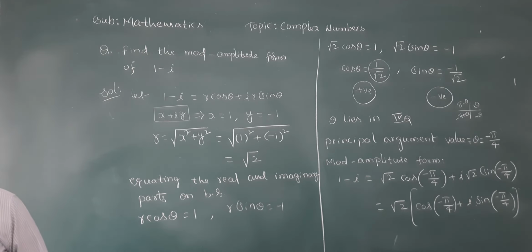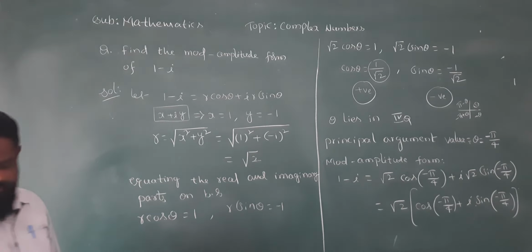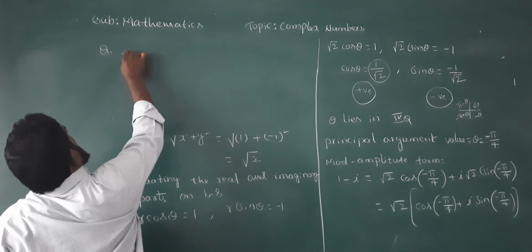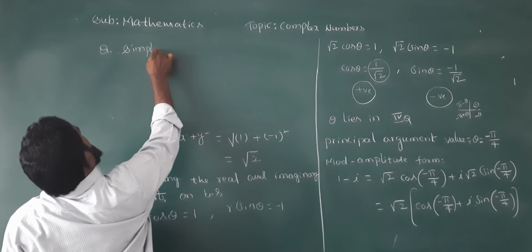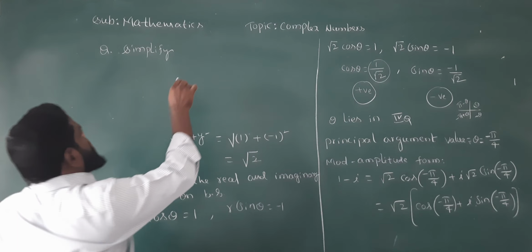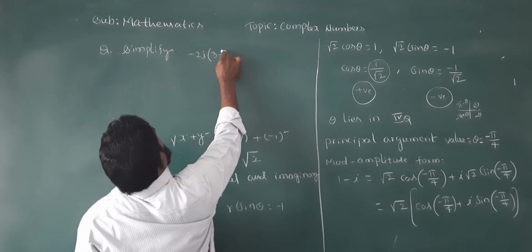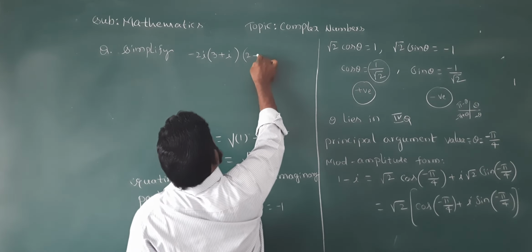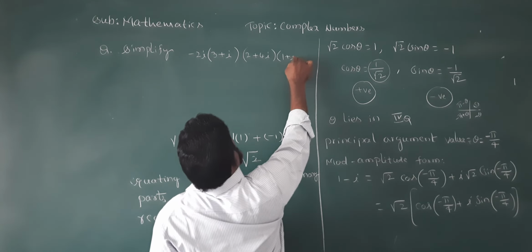The next question is: simplify minus 2i into 3 plus i into 2 plus 4i into 1 plus i.